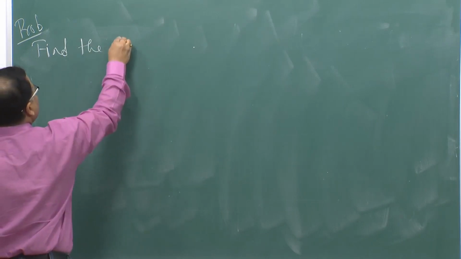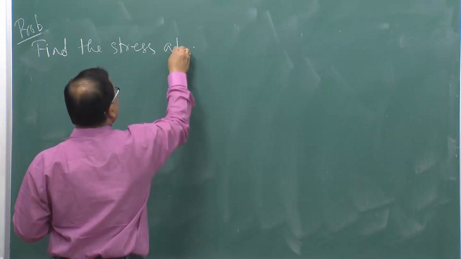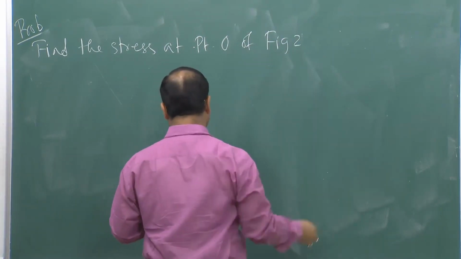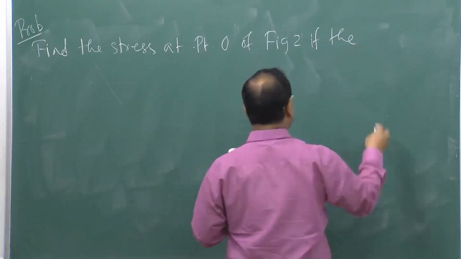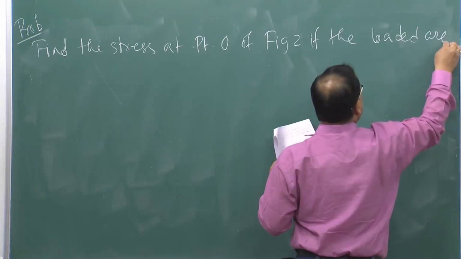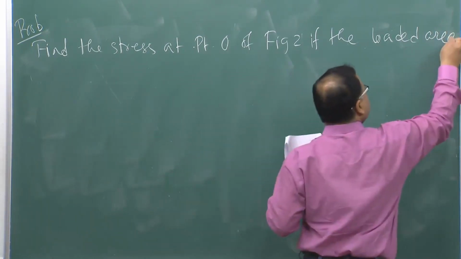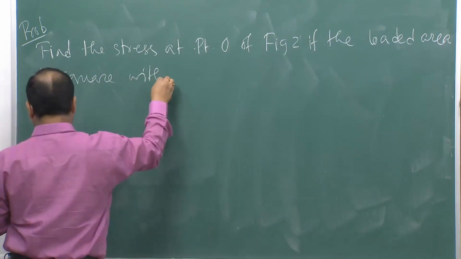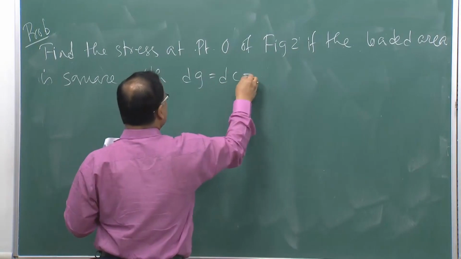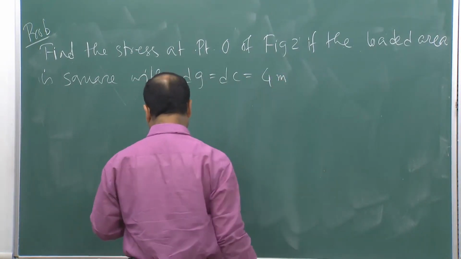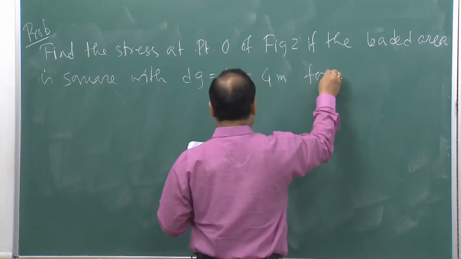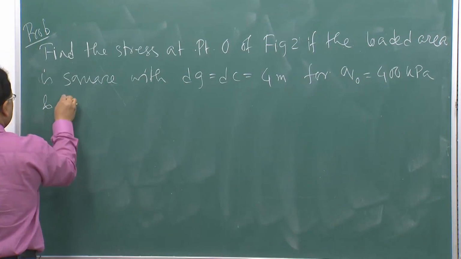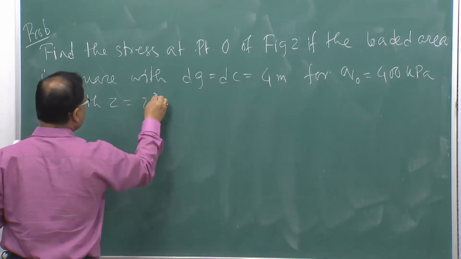Find the stress at point O of figure 2, say, if the loaded area is square with dg equal to dc equal to 4 meter, for q naught equal to 400 kPa and depth z equal to 2 meter.